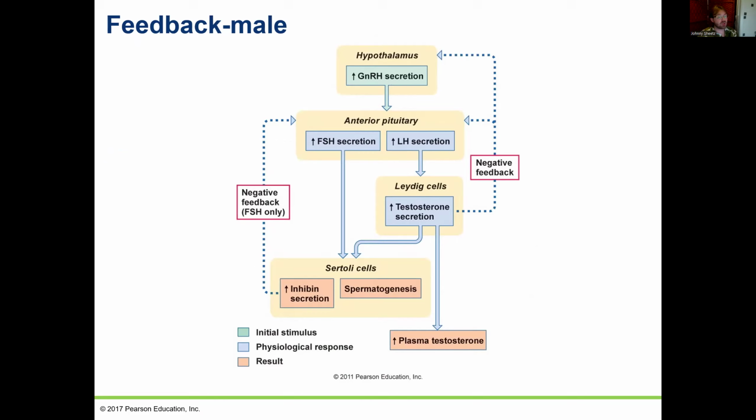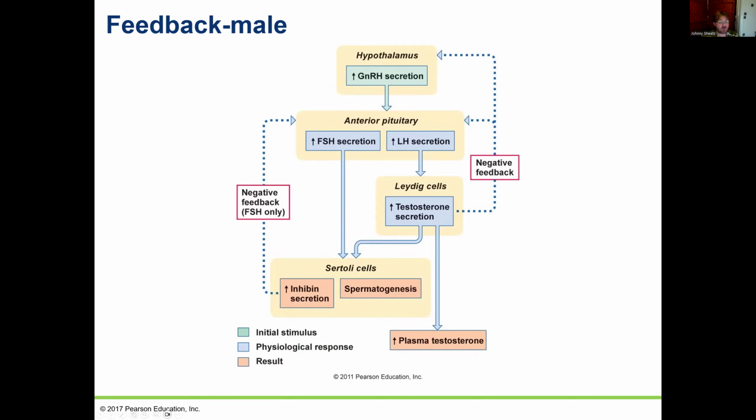Without GnRH production, that's in turn going to stop telling the anterior pituitary to produce FSH and luteinizing hormone. So this is going to tell the Leydig cells to stop producing testosterone, and it's also going to tell the FSH to stop triggering spermatogonia into dividing into sperm.